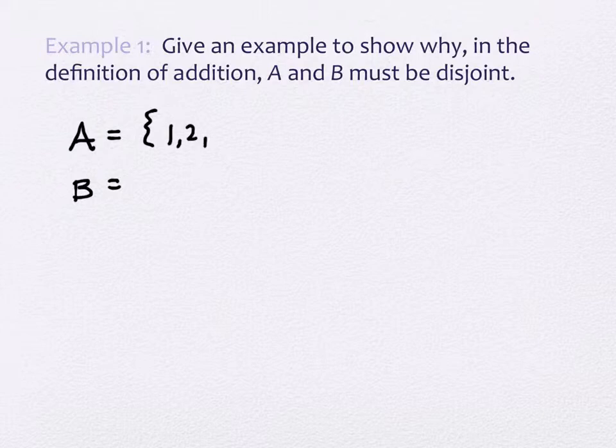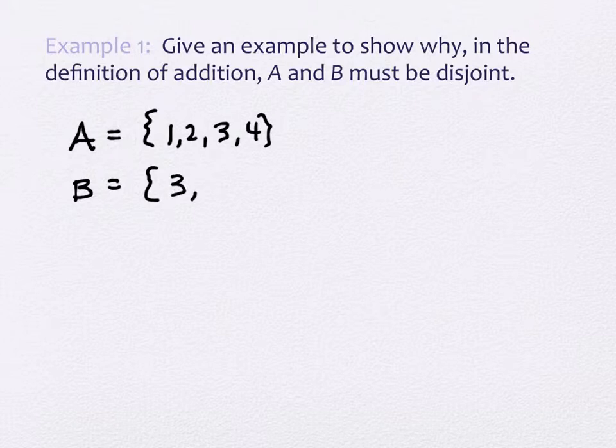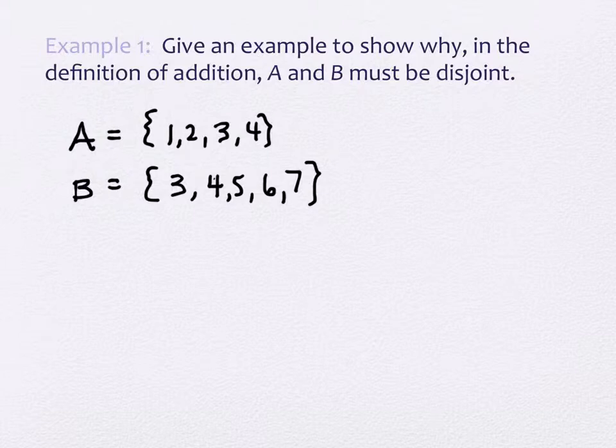1, 2, 3, 4. Thank you, Kaylee. Let's put something inside of set B. 3, 4, 5, 6. And I'm going to put a 7, just because I don't want us to think there's something special going on because they're the same size.